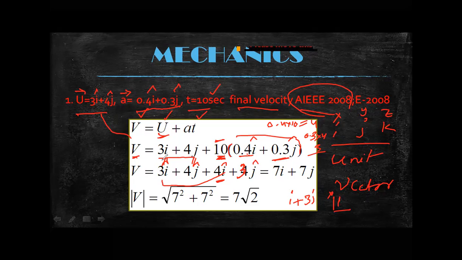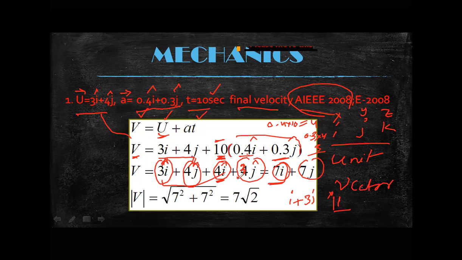How many i components are there? 3i plus 4i, how much? 7i. Then you can also add the j components, 4j plus 3j, 7j. Like that, when you are doing additions or subtractions in vectors, simply add the i components separately, the j components separately, the k components separately.